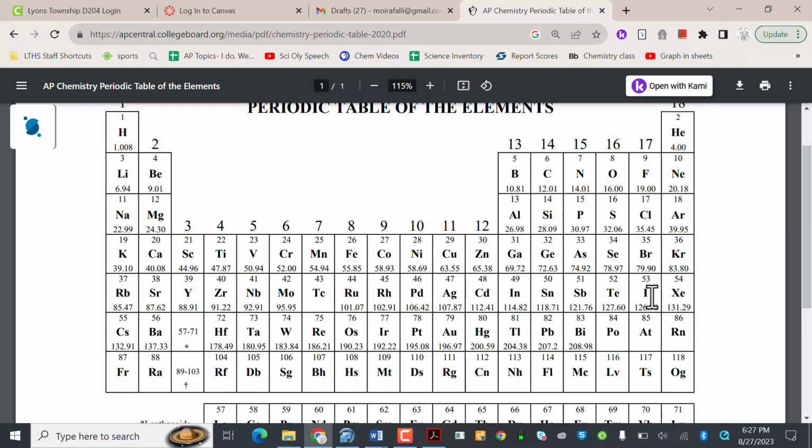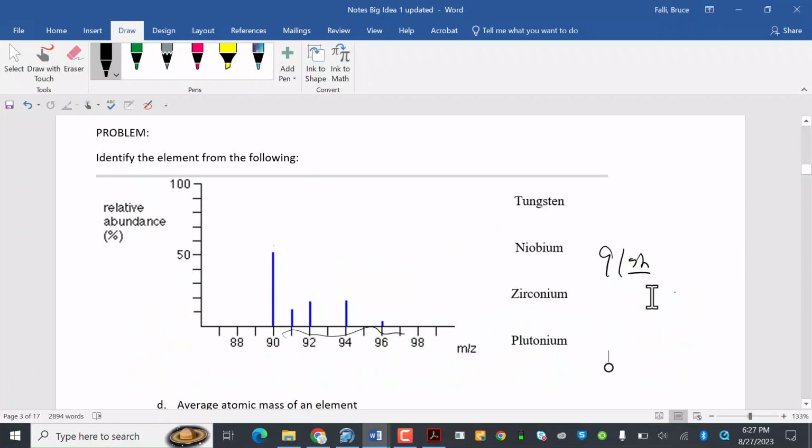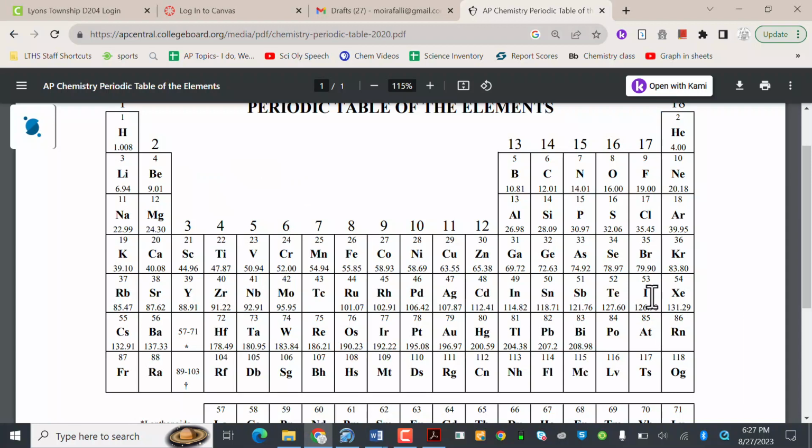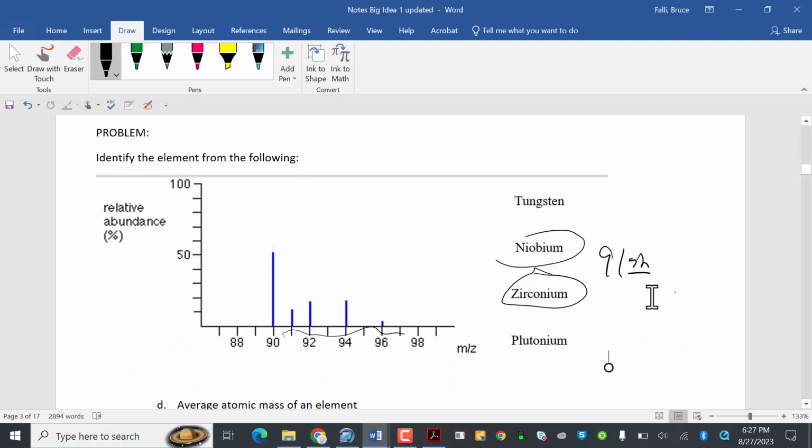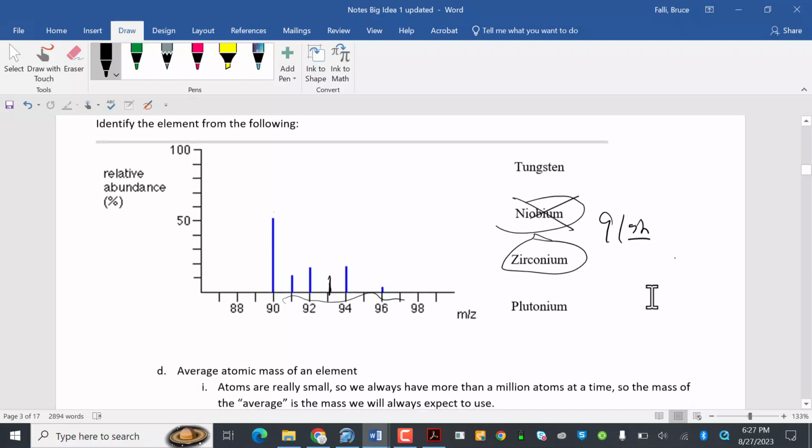So I've got zirconium and niobium. Let's see if any of those are choices. Zirconium and niobium. Okay, so niobium is 93. You think the average is 93? There's not enough to pull it over there. It's not going to be niobium. That's not 93-ish. Zirconium has the preponderance of the abundance.